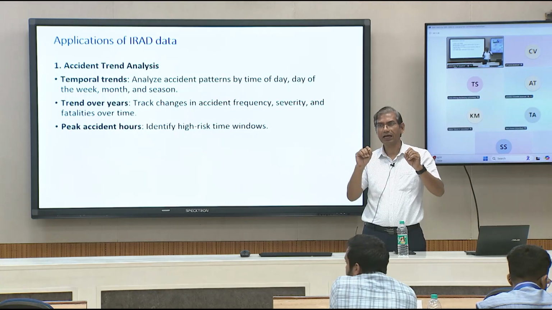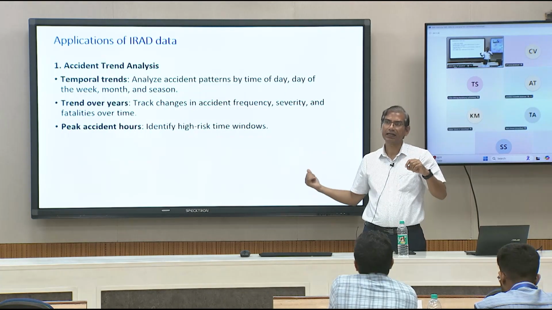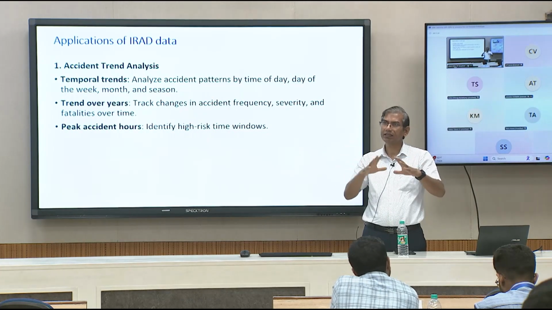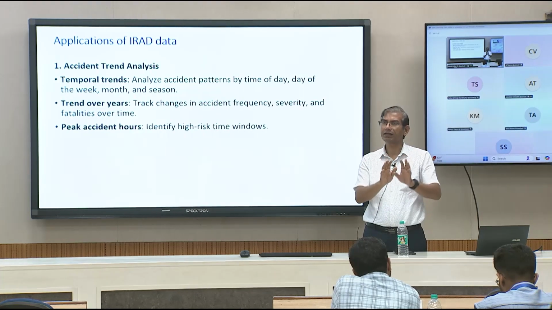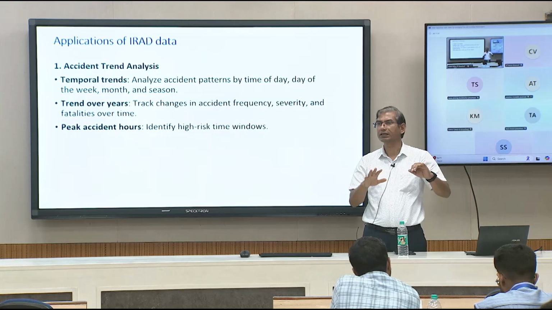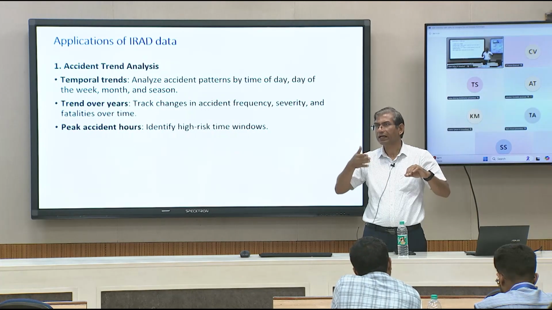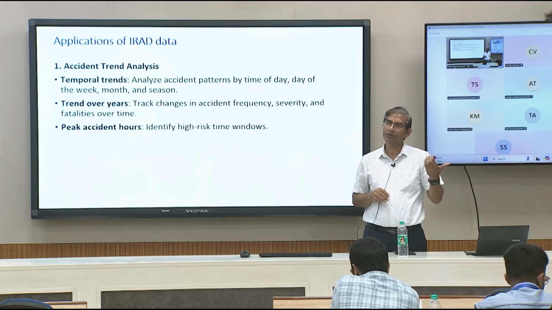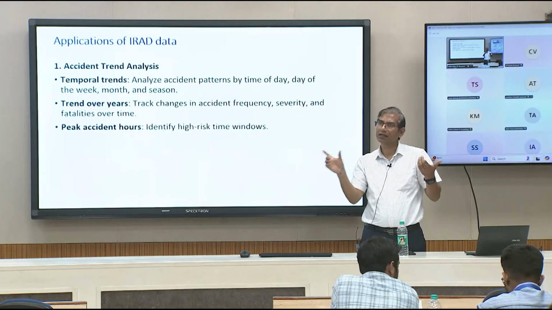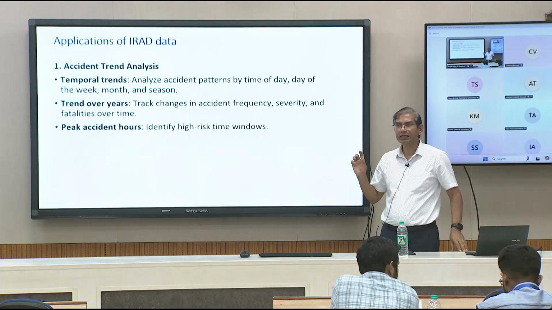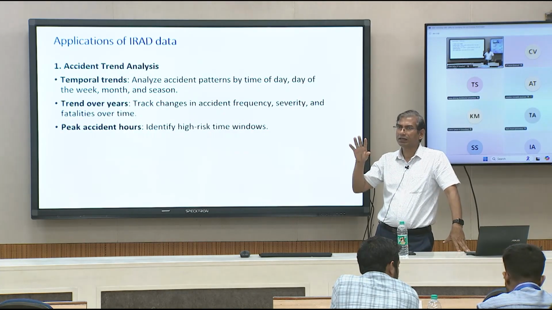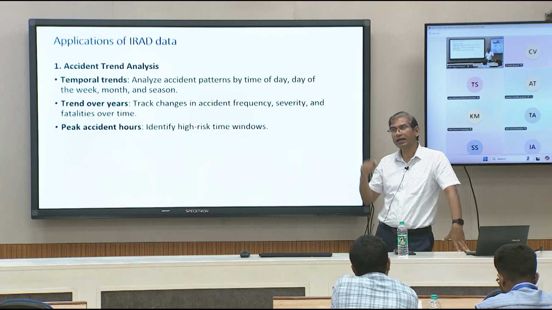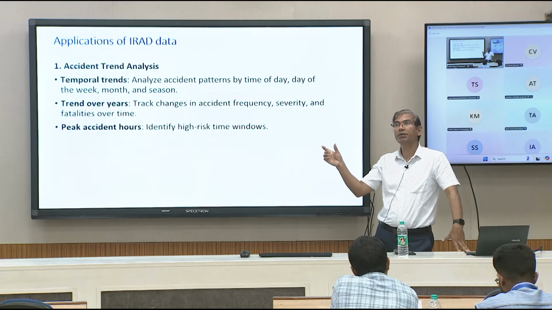He will use that vehicle ID to get all the vehicle details: who the owner is, how old the vehicle is, what type of vehicle it is, and whether it is private or commercial. So he will also fill in the vehicle category. Some of the data filled in by the policeman, he might overwrite up to that level. That kind of provision is there depending on your accessibility, based on your login credentials, hierarchy, and which department you belong to.